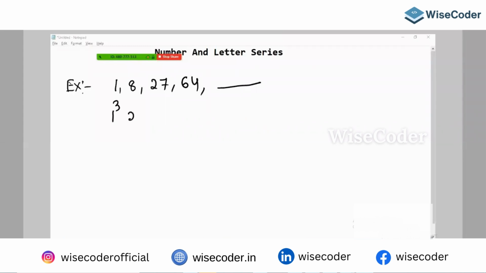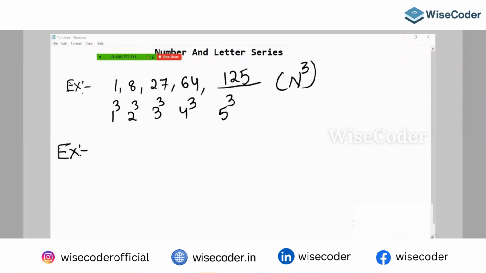So this is 1 cube, 2 cube, 3 cube, 4 cube. So next must be 5 cube. What is 5 cube, friends? 125. So this is which kind of series? N cube series.